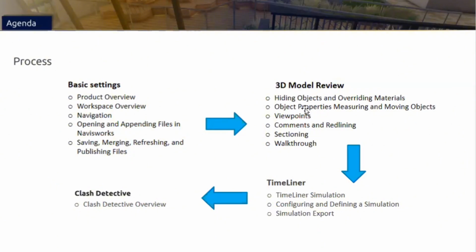Then under 3D model review are hiding objects and overriding materials, object properties, measuring and moving objects, viewpoints, comments and redlining, sectioning, and walkthrough. Then Timeliner is Timeliner simulation, configuring and defining simulation, and simulation export. Then the last is the Clash Detective overview.